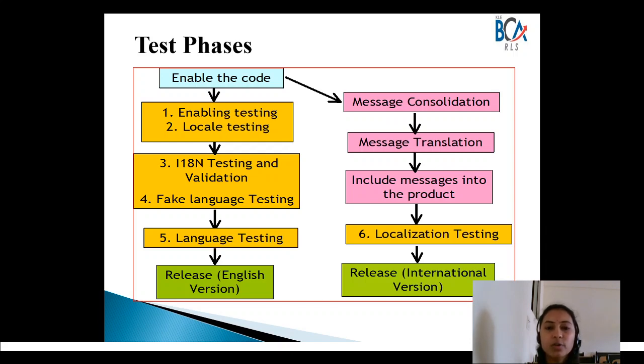So you have to first develop the application in the basic language, and then develop into the local translation. Using Google Translator, you can translate your language into the local language and put that into the product.